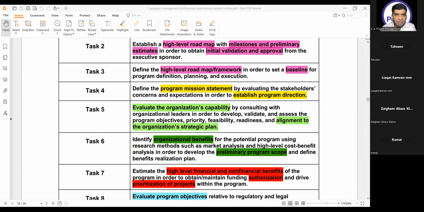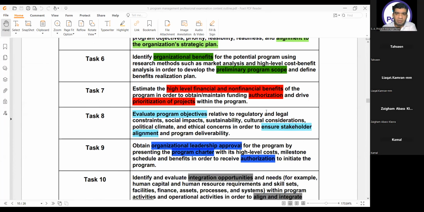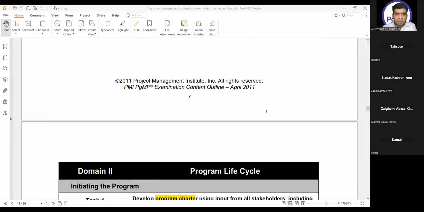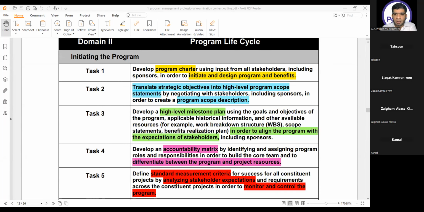Can you see my screen? Read task 4. Define the program mission statement by evaluating the stakeholders' concerns and expectations in order to establish program direction. You see here, the wording is very similar, evaluating stakeholder expectations. What we have here is also the same. To align the program with the expectation of the stakeholders.